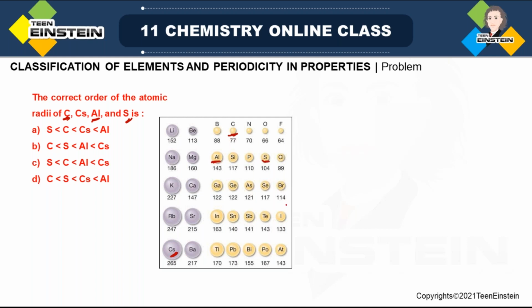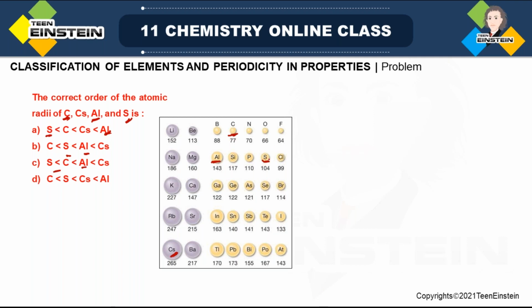Now you can easily compare aluminium and sulfur because aluminium will be having higher size. They are in the same period. Aluminium is before sulfur, so it will be having higher size compared to sulfur. But that is present in all the options, so it will not help you much.